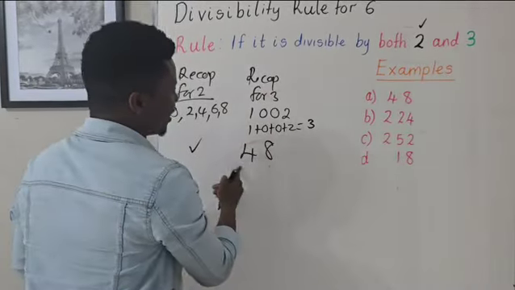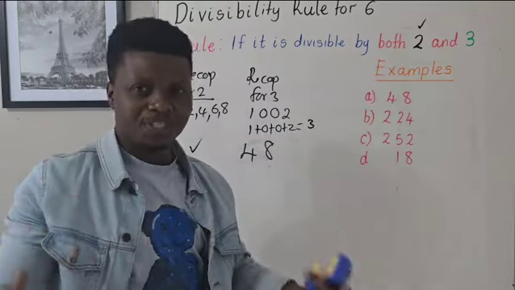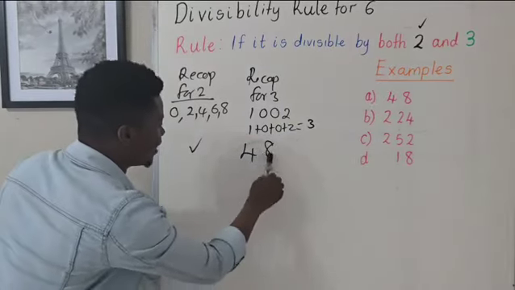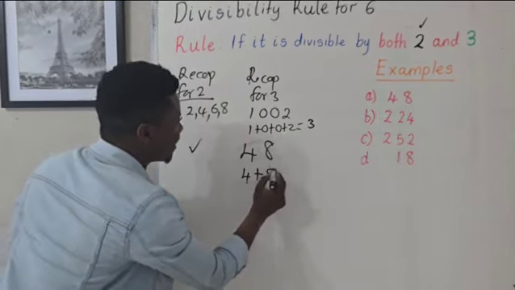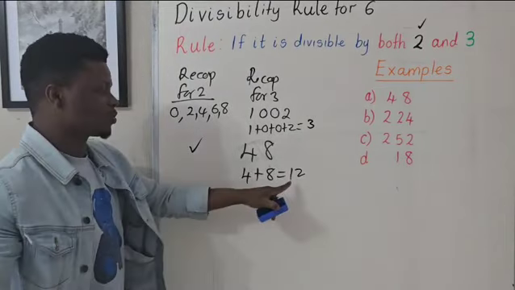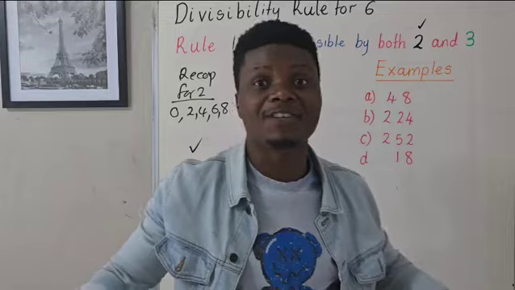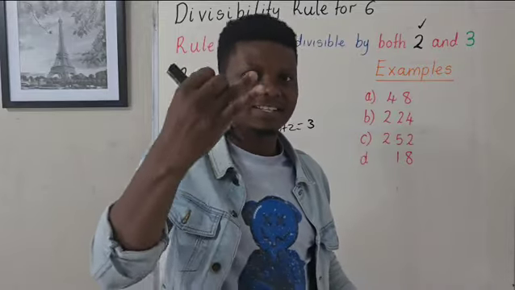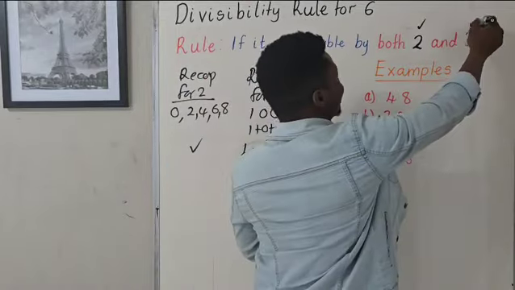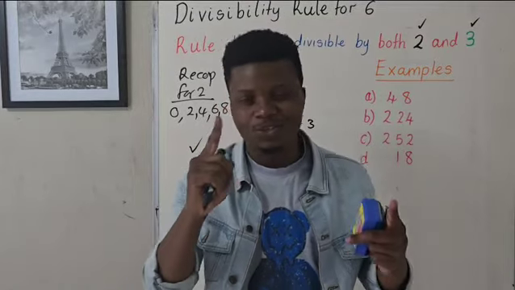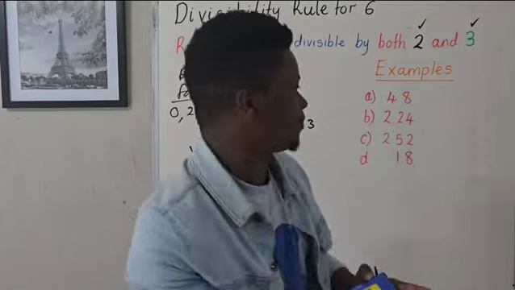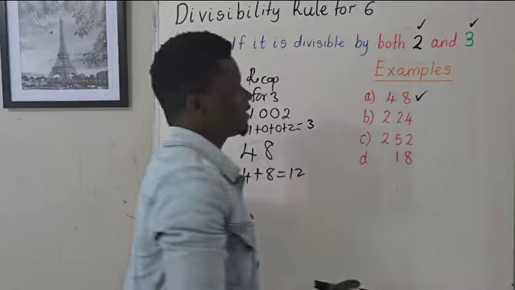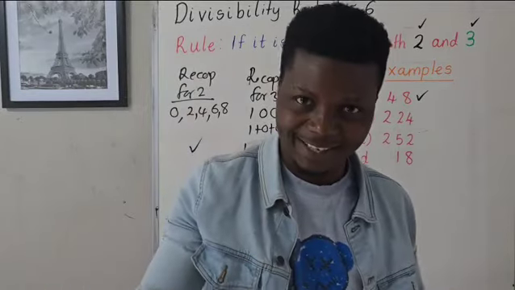Is 48 divisible by 3? How do we check? You add the digits, 4 plus 8, which is 12. And 12 is divisible by 3: 3, 6, 9, 12. So we tick again. Two ticks are needed, not one, and two ticks have been taken. So yes, 48 is divisible by 6.